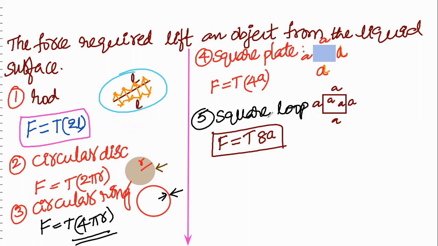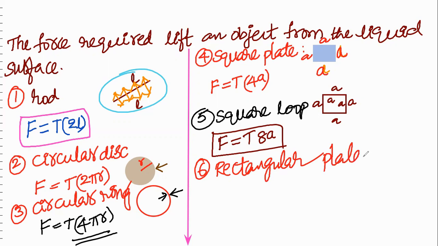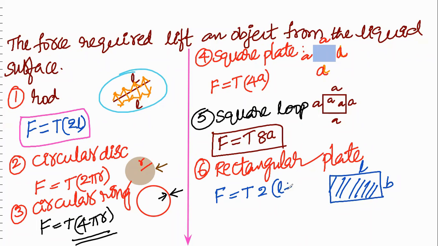for all of them we will take. So for the rectangular plate, it is a rectangular plate of length L and breadth B. So force required F is equal to T into, it is a rectangular plate, 2 lengths and 2 breadths are there, 2 into L plus B we will write.